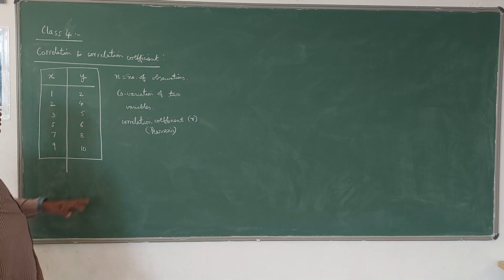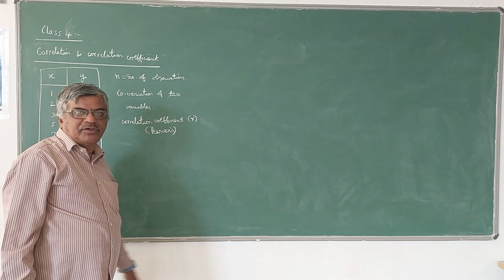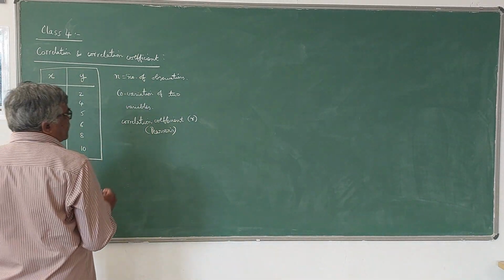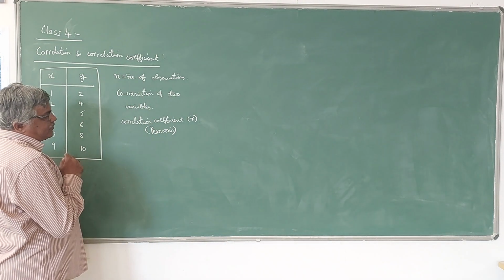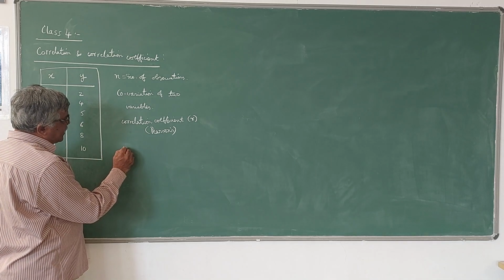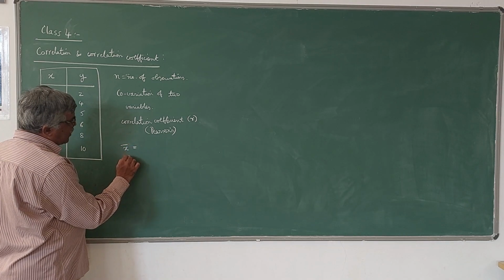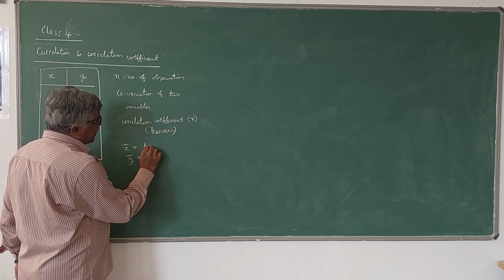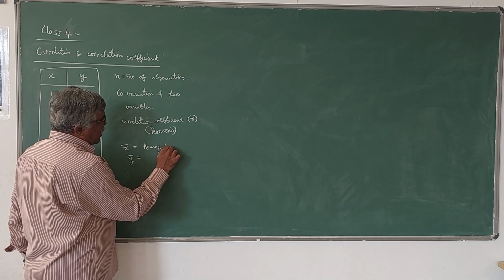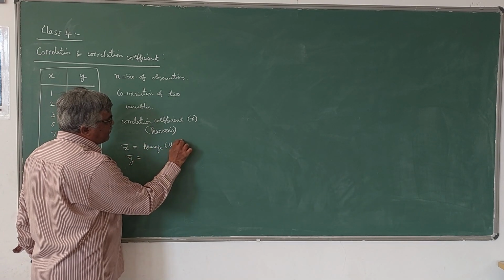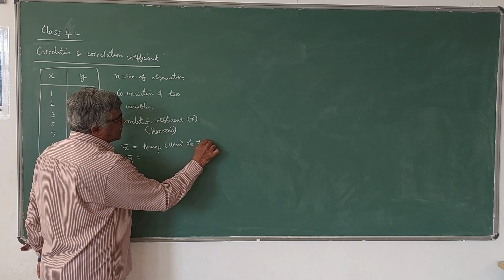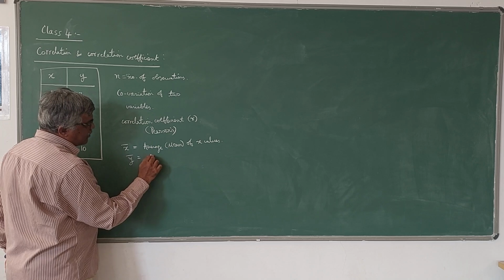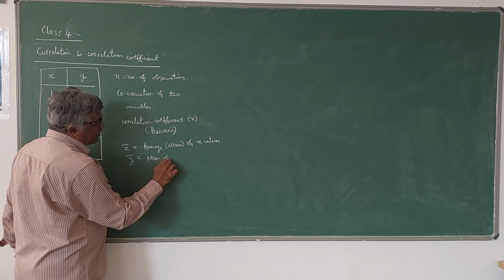You may be asked to find the correlation coefficient for the given set of data. Now here, to find this value of r, we need to calculate two things. x bar and y bar we have to calculate. x bar is the average or the mean of the given x values. y bar is the average or mean of y values.